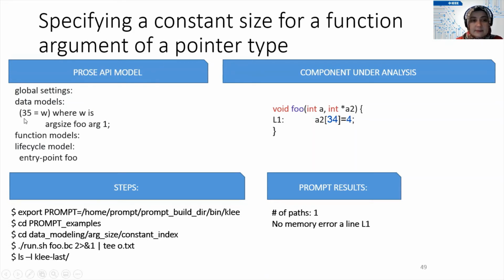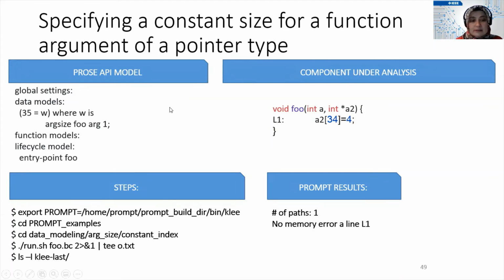But since we specify here that 35 equals W, where W is the size of the second argument, and since this is a simple equality, it means that we lazily initialize this argument as an array of size 35, not 20, which is the default value. And so we can use 34 as a valid index and not get any memory errors at L1.